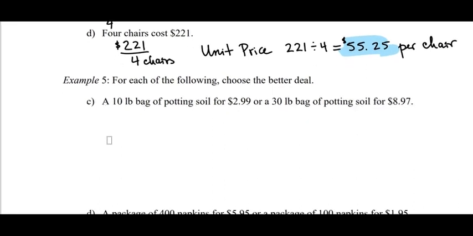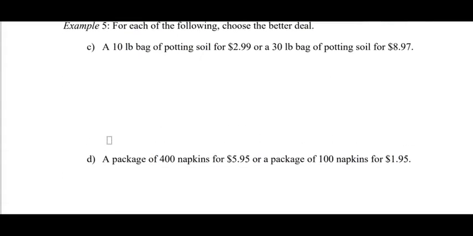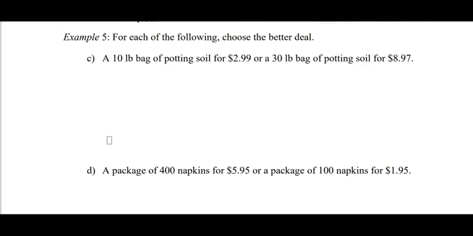Okay, so the last couple of problems, we are going to find which is a better deal. For each of the following, choose the better deal. So you have a 10-pound bag of potting soil for $2.99 or a 30-pound bag of potting soil for $8.97.